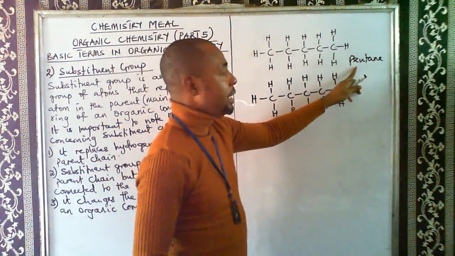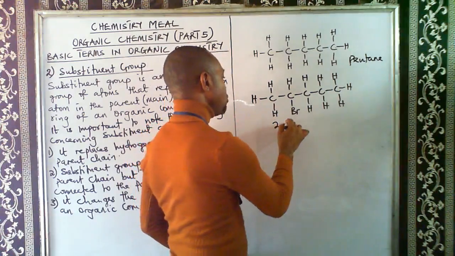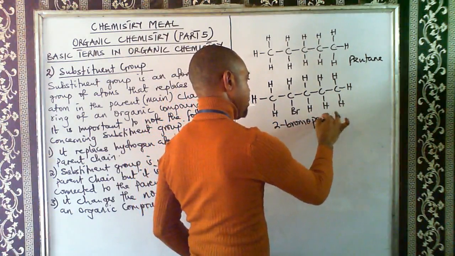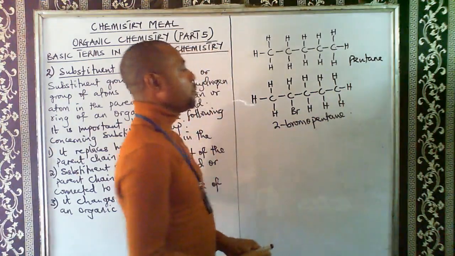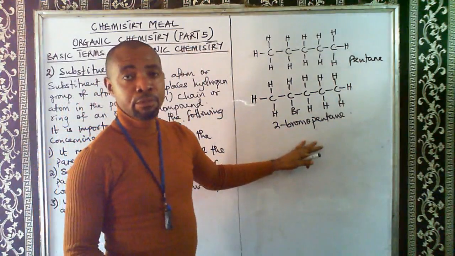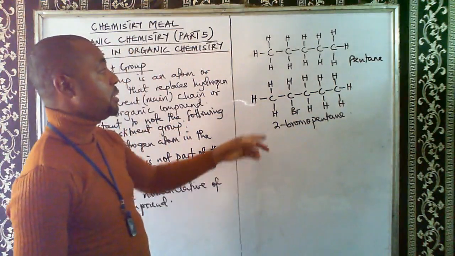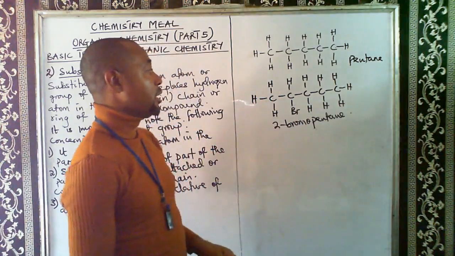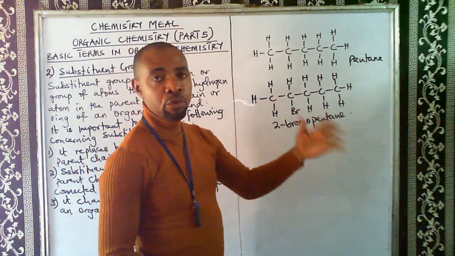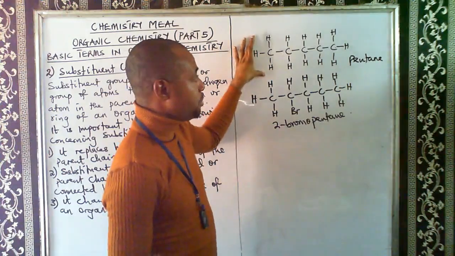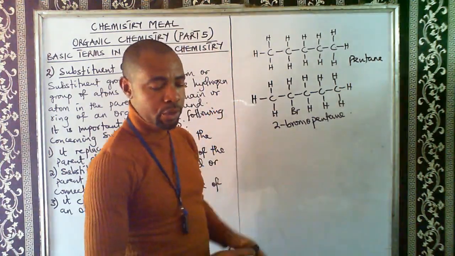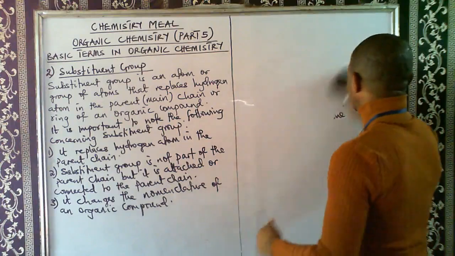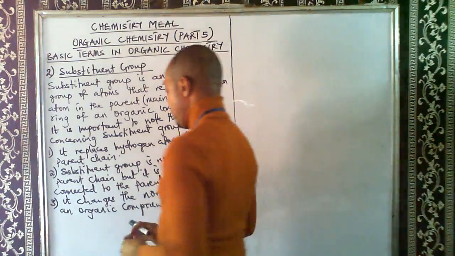This is no longer pentane, but this will now be 2-bromo-pentane. Don't bother about the name. I'm just trying to explain that once a substituent group is attached to an organic compound, the name will change. As we can see now, this is just pentane, but this one becomes 2-bromo-pentane. Okay? So that's the third thing we need to note about substituent group.